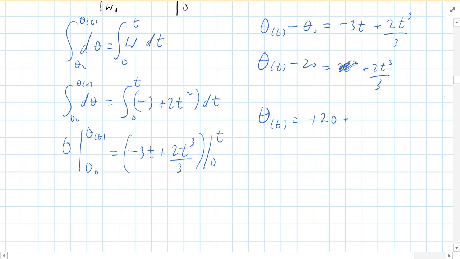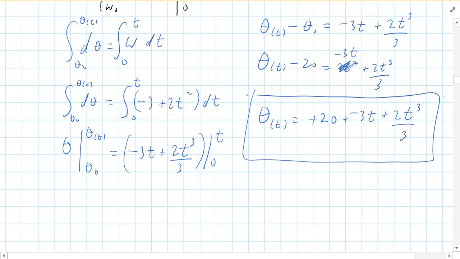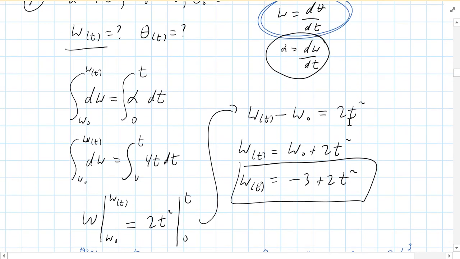Let me fix this right there. That's -3t. Don't know what I was thinking. So that should be minus 3t and then plus 2t cubed over 3. So that is theta as a function of time. You can then find theta at any time you want by plugging in whatever time they ask you for. So that's an example using integration to solve for something.